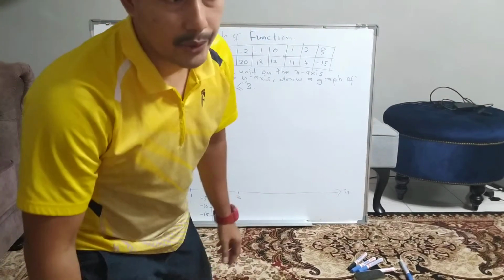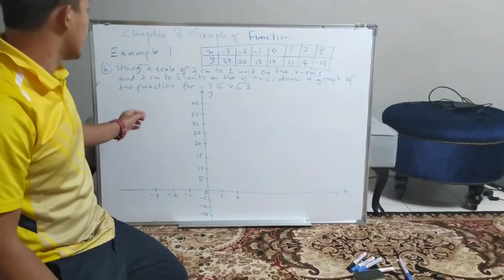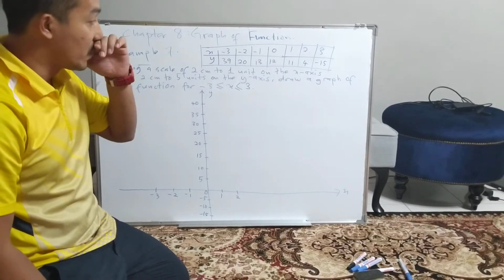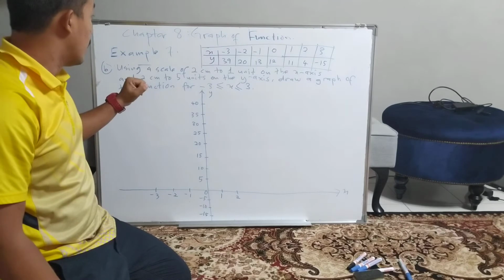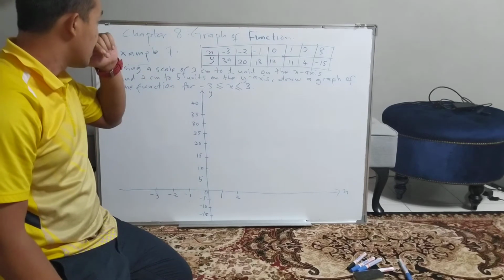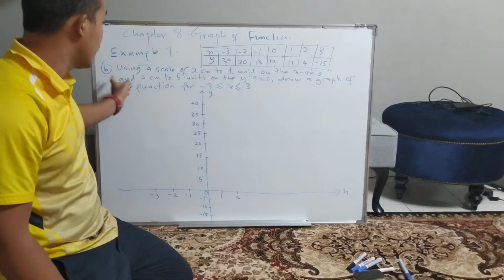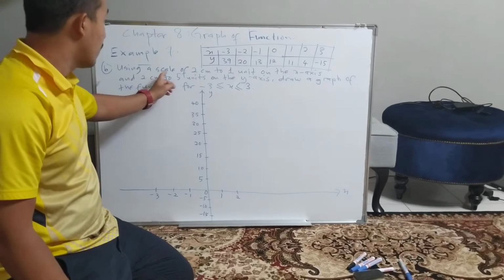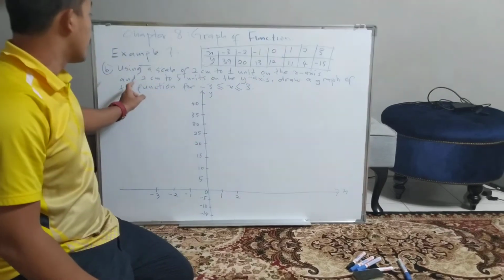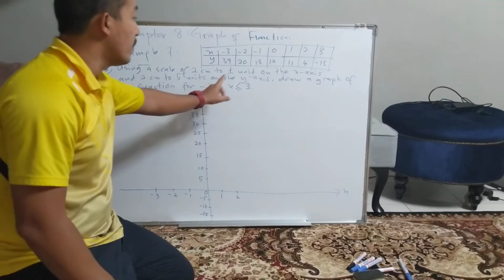Okay, alright class, so we continue to discuss example 7b. Question B asks you to draw the graph for this function by using a scale of 2 cm to 1 unit on the x-axis and 2 cm to 5 units on the y-axis.